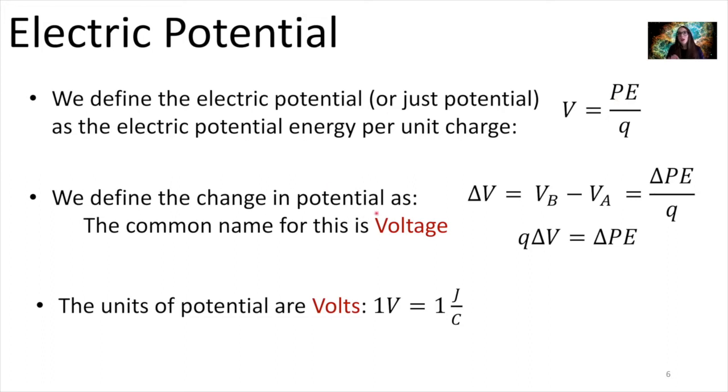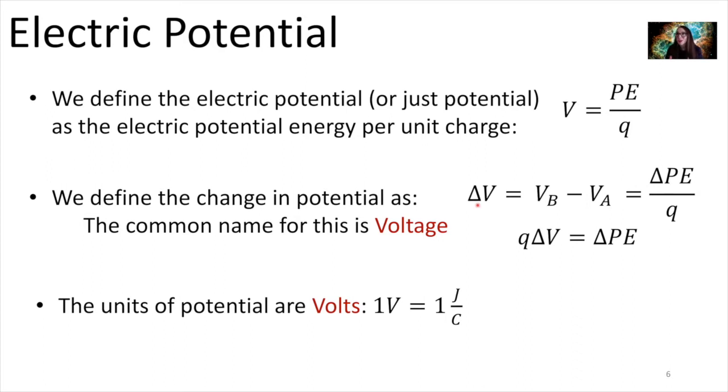Now, we can also define something that we call the change in potential, which we represent by capital delta V here, okay? Sometimes this is also called the voltage. And when we're talking about the voltage of a battery, it's this that we're talking about here. It's the change in potential between the positive and negative terminals of a battery.